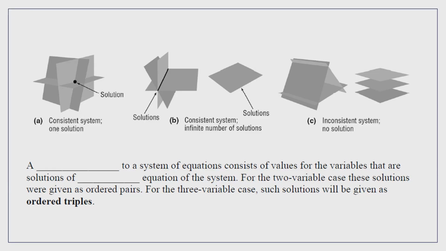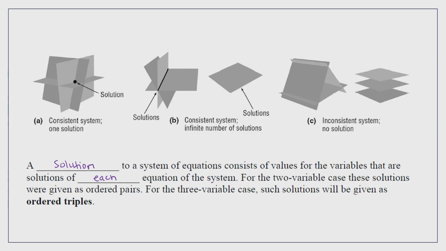Okay. So a solution to a system of equations consists of values for the variables that are solutions of each equation of the system. For the 2 variable case, these solutions were given as ordered pairs.